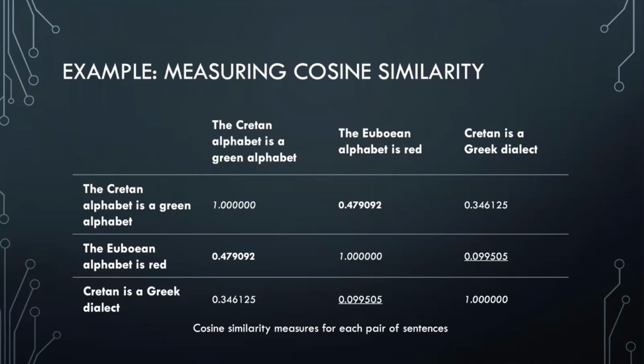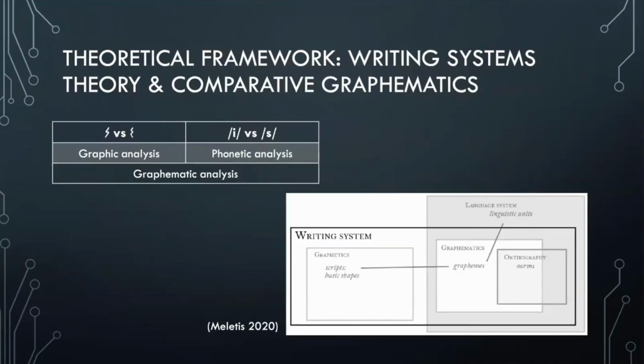Today's experiment, however, is not concerned with words, but with writing systems. So to put this a bit in context and following current theories in grapholinguistics, the base of a writing system is the conjunction of graphic elements with linguistic theory.